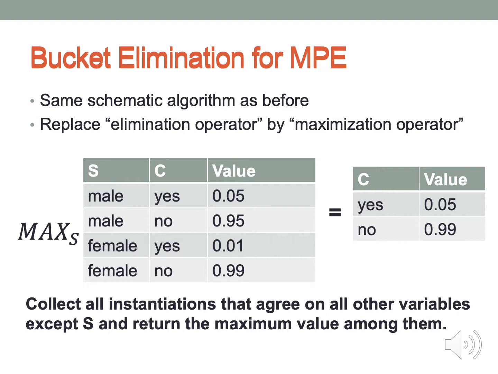Then we fix the value of C to no, and then max over S equals male and S equals female. In this case, we'll have to compute a max between 0.95 and 0.99, and therefore we get 0.99.